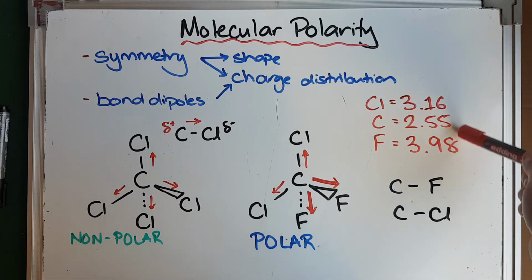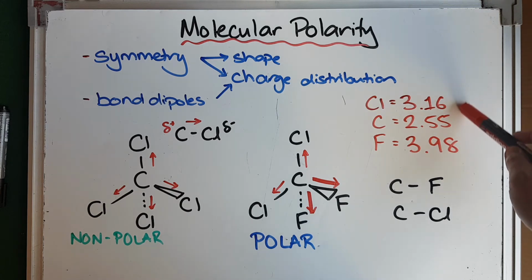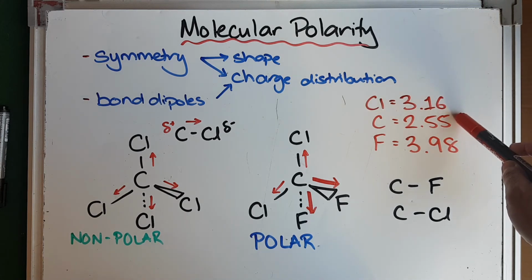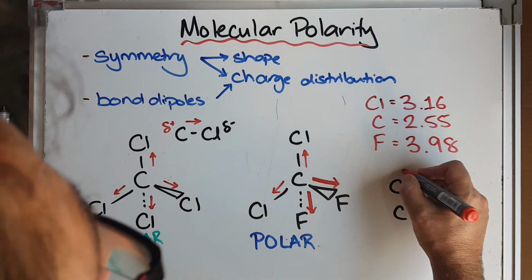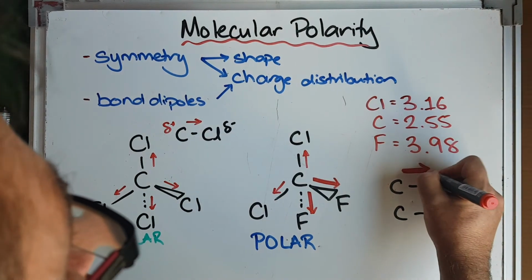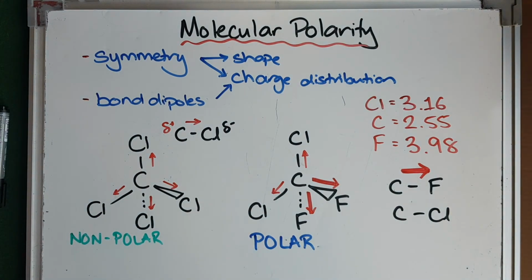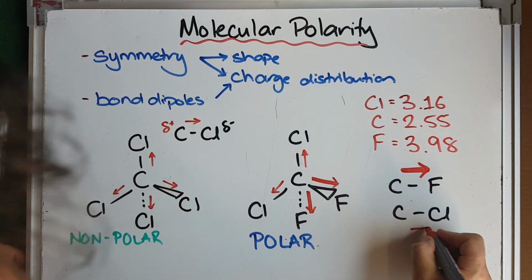Also look at the differences. The difference between these two is quite large. It's about 1.5, whereas the difference between these two is only about 0.6, 0.7. Okay, so fluorine has got a much stronger pull on those electrons than chlorine does.